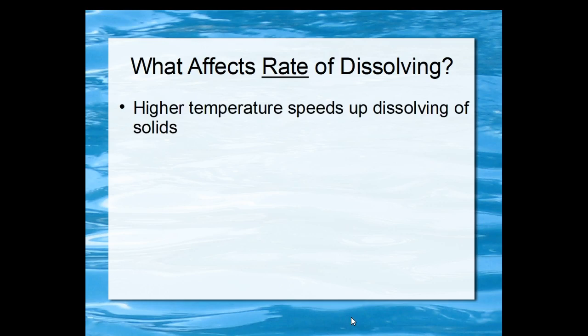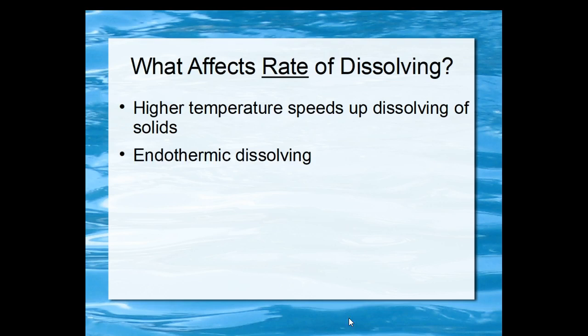Higher temperature speeds up the dissolving of solids because the water molecules are vibrating in their liquid form. They're vibrating faster, and so they can hit the solid particles harder and break them up.